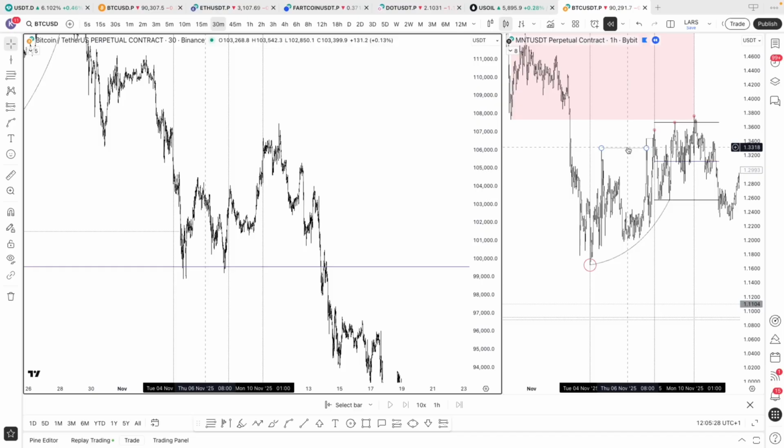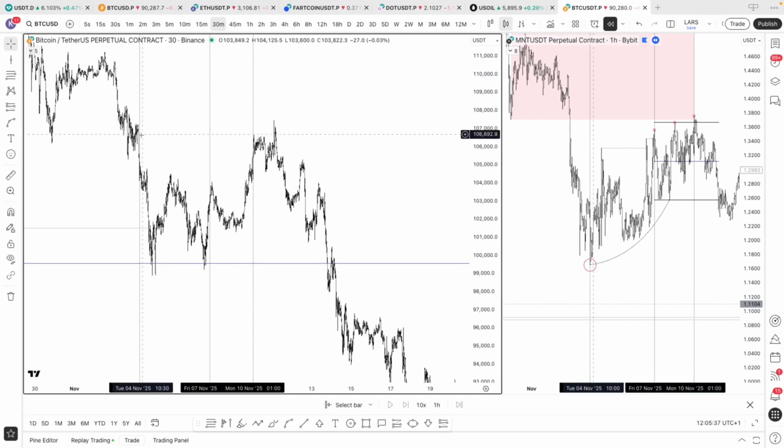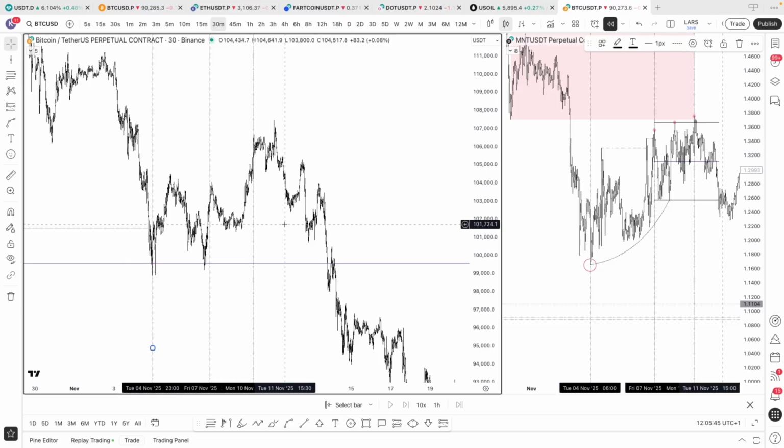Okay, what can we see here on our major as our altcoin right here is in a pro environment for a TCT distribution model? What we can see is that we had that move down followed by a retracement back up. Whenever I see something like this, I always just move it back down to this point, okay? Which is basically going to be this starting point right here, which doesn't really matter a whole lot, okay? But we're just going to be focusing on that retracement leg.